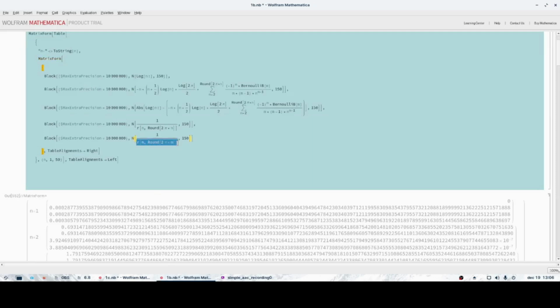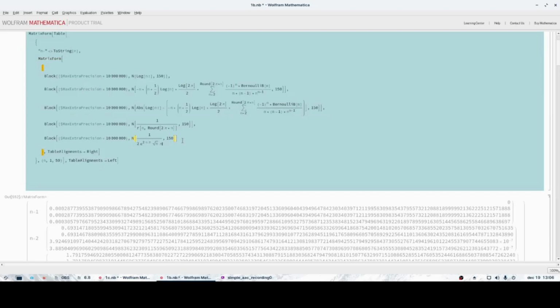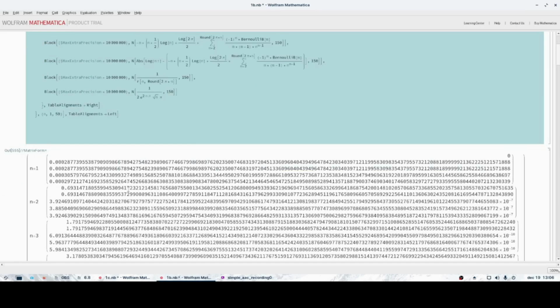Let's see what will happen, how it compares with the original or the other. So this is the original remainder, the approximated remainder function, and now these two, with square root of pi and so on.